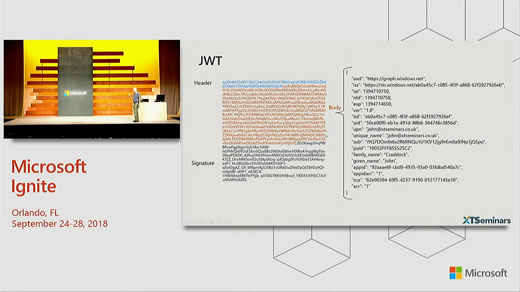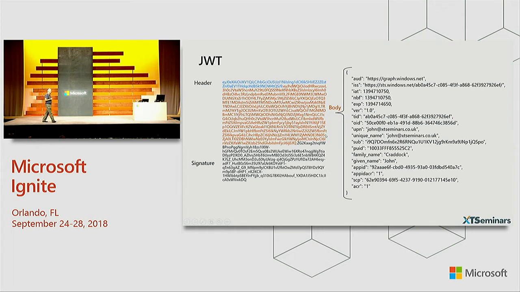JSON Web Token format, I'm just going to go through it again briefly because we're going to be troubleshooting with this. There are 3 components: a header, a body, and a signature. The header is separated from the body by a full point, and the body is separated from the signature, again with a full point. So you know where they're demarcated.